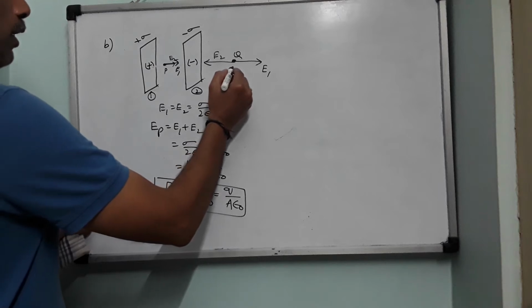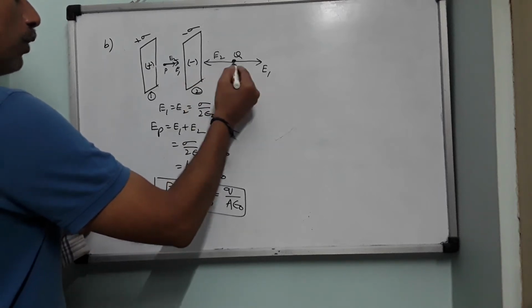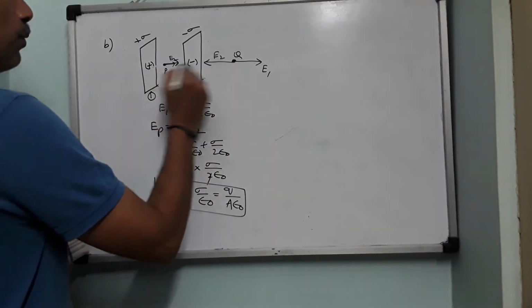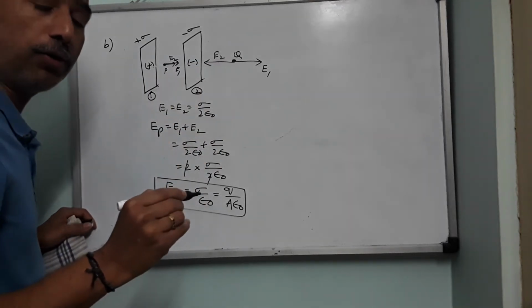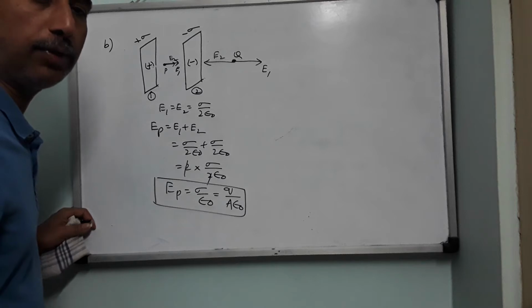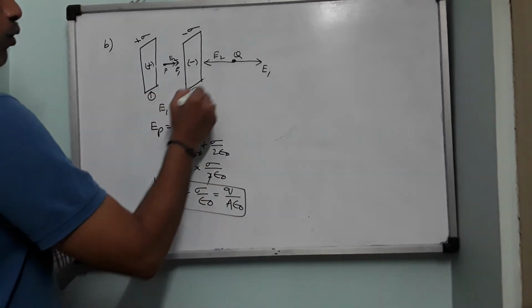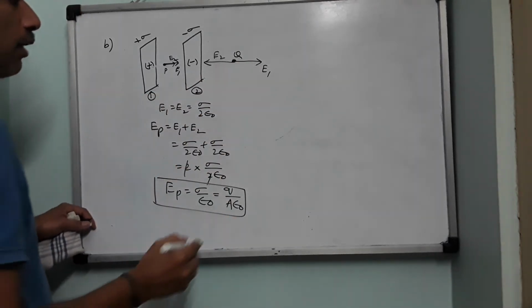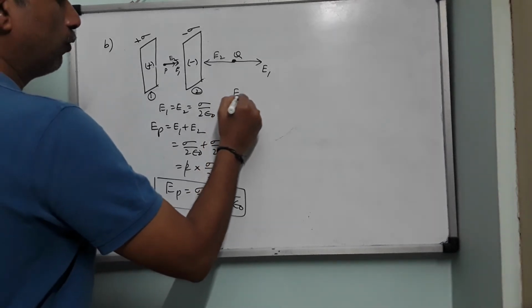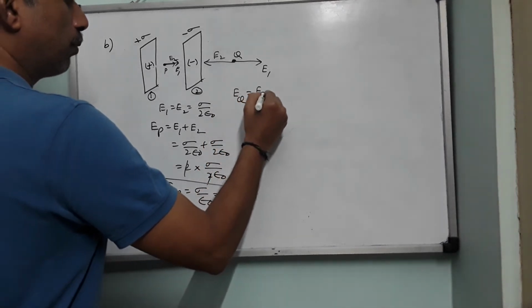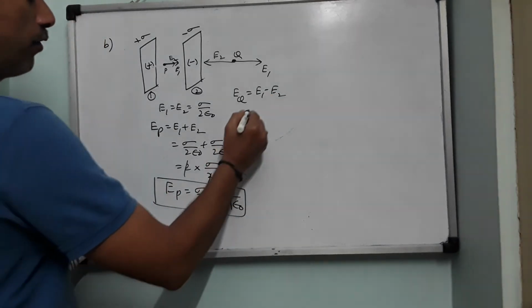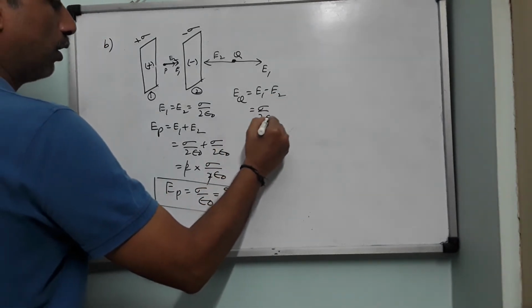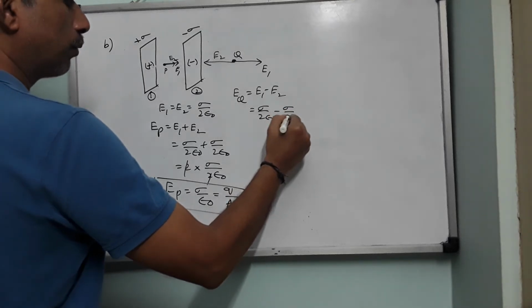At Q, does the negative plate produce more electric field or does the positive plate produce more electric field? By the definition of electric field due to a sheet of charge, it is independent of the distance. Therefore 1 and 2 will produce equal amounts of electric field. So net electric field at Q, EQ equals E1 minus E2 or E2 minus E1, where E1 is sigma by 2 epsilon 0 and E2 is sigma by 2 epsilon 0.